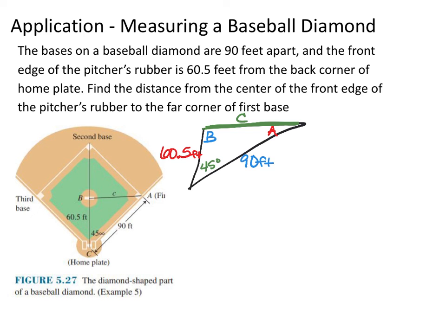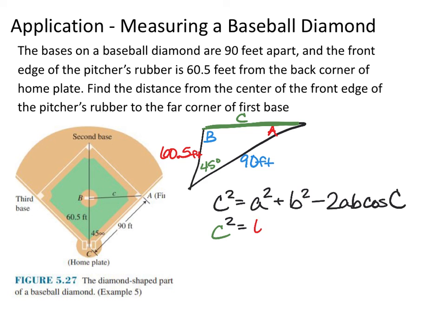So if you remember, that's everything I needed to plug in and figure out using the law of cosines. C squared is equal to a squared plus b squared minus 2ab times the cosine of angle C. So if we plug in what we know, we're looking for C. We know A is 60.5.